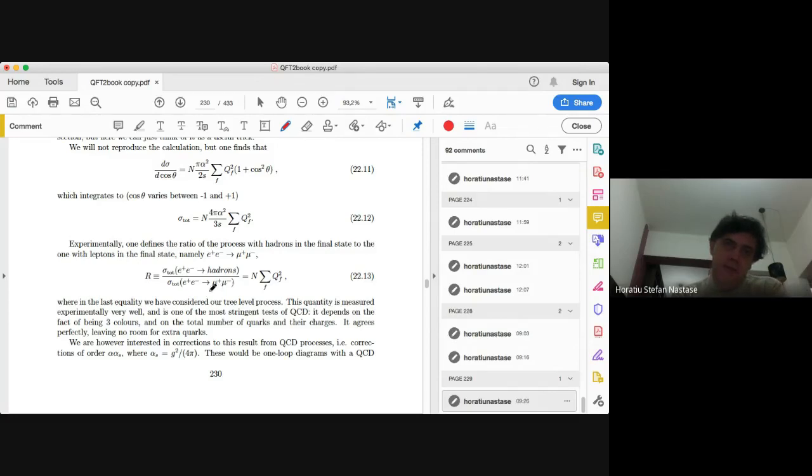One usually chooses mu plus mu minus, because with e plus e minus you have two Feynman diagrams, so that's not relevant, and the next lepton available is mu. And so the ratio of these two is just N, the number of colors, times the sum over flavors of quarks, Q f squared.